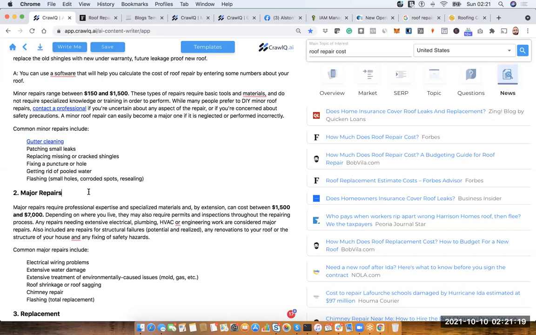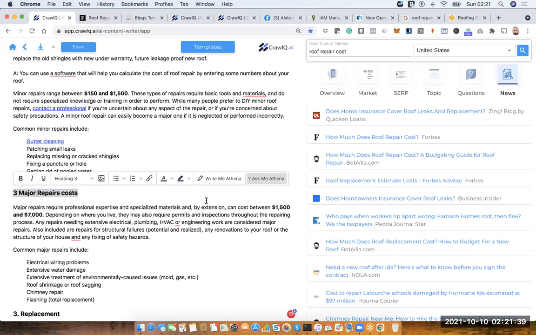We have a tendency not to like to waste anything. At least I don't. If I'm looking at this and it's a well-formed answer, then I'm going to use it. I'm not going to copy it, but I'm going to use the structure. There's no real reason to reinvent the wheel.